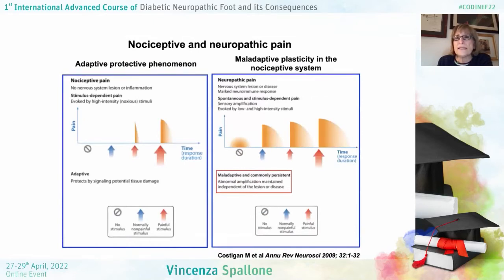But what is neuropathic pain? It is the result of a maladaptive plasticity in the nociceptive system, with the possibility that pain is present also without stimulus, or is exaggerated according to the intensity of the pain stimulus, or determined by a non-painful stimulus.